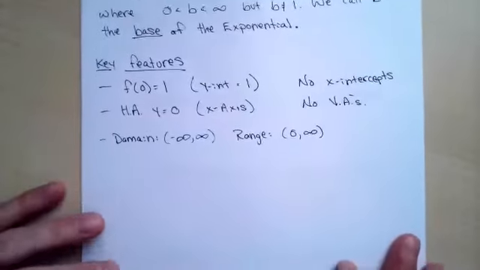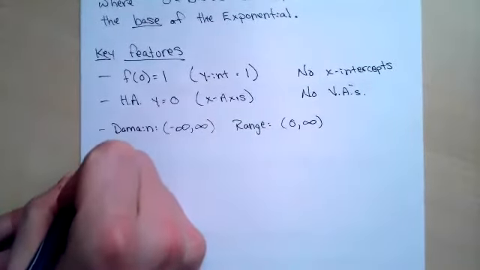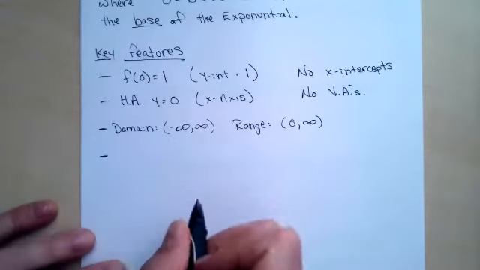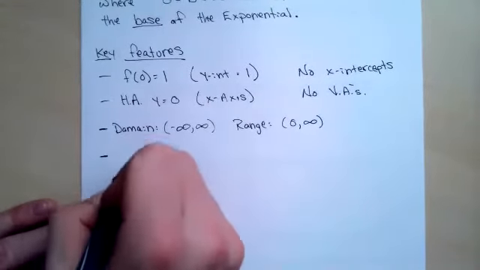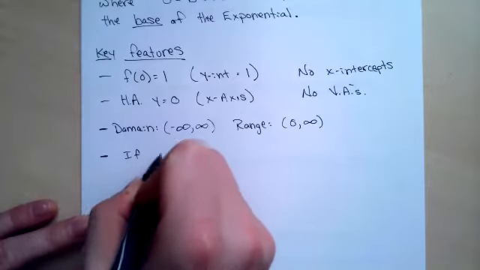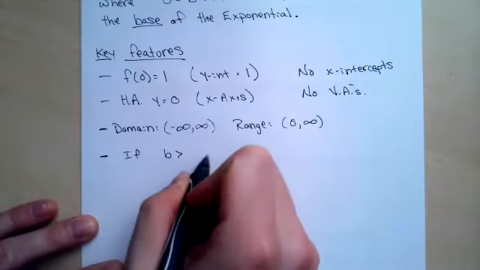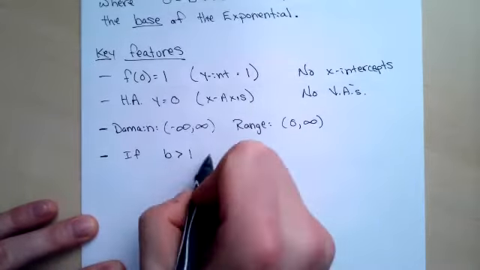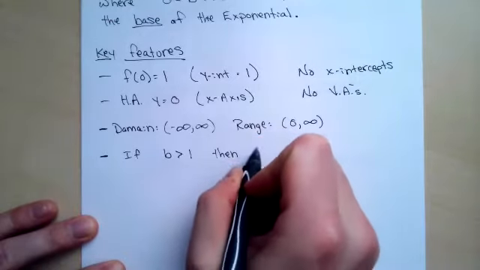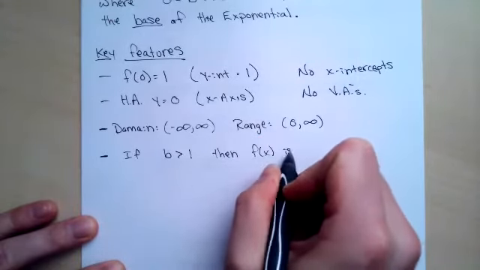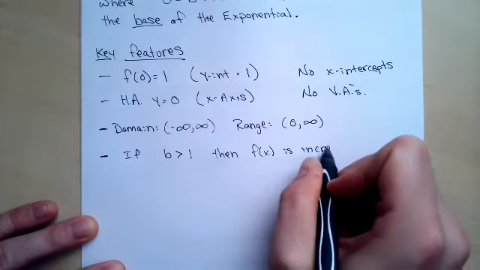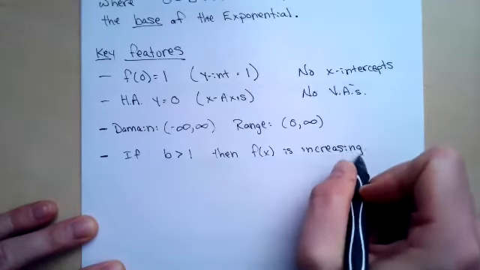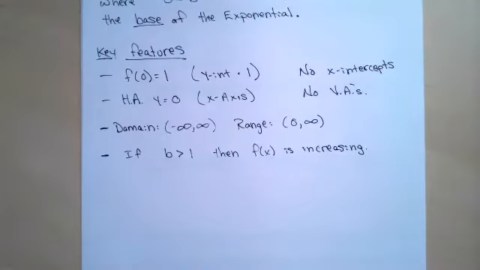And then the last thing we'll note is we can actually get some information based on the base. Most commonly we like it when the base is bigger than 1, because if the base is a fraction, we can do some manipulations to make it an integer, or at least a number bigger than 1.